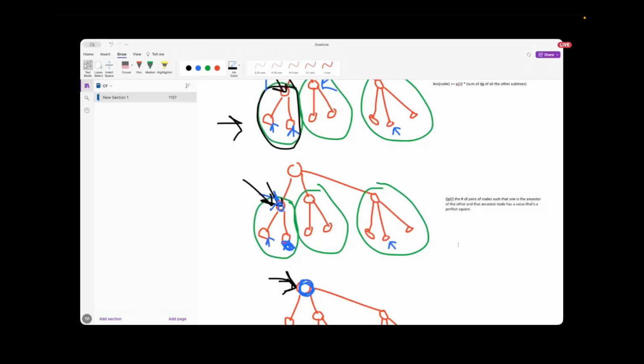This also isn't too bad to maintain as you do your DFS. And then the answer in this case would just be, you brute force iterate. It's the same as the earlier case, except you use this different DP formulation instead. So you do the sum of the DP of the roots of all the other child subtrees.